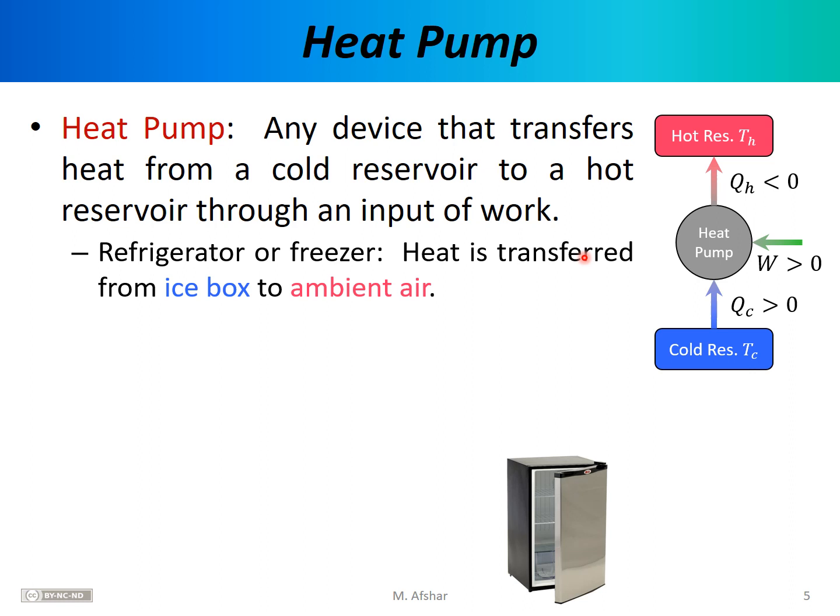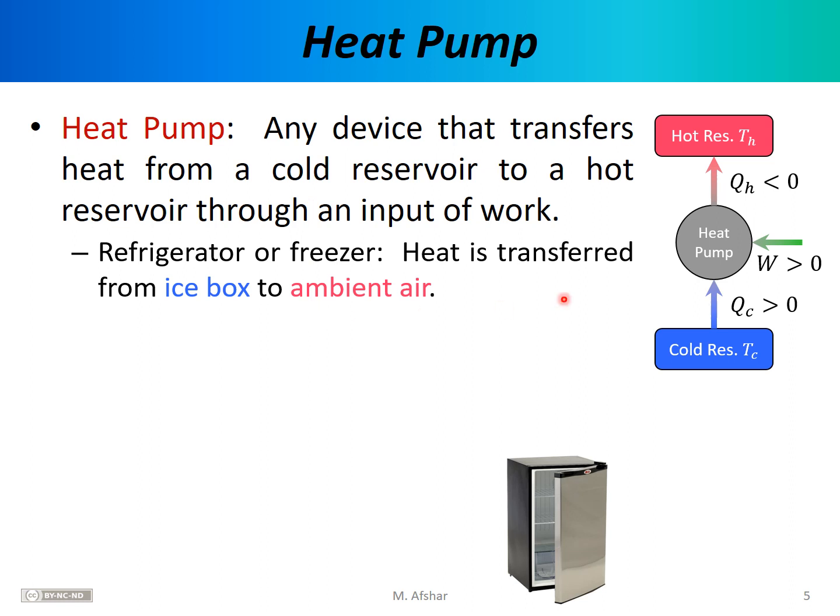You can use a heat pump to build a refrigerator or a freezer, like the one that's found in your kitchen, for example. In that case, the working substance might be something like a hydrofluorocarbon. The cold reservoir is the icebox, the cold interior of the refrigerator or the freezer, and the hot reservoir would be the ambient air.